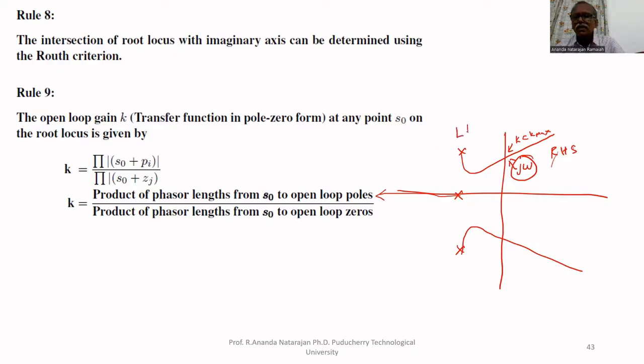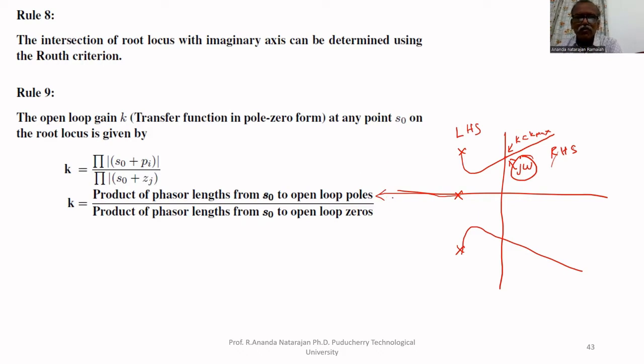Till then, it was in the left hand side. So when K equals K max, the system transfers from stable state to unstable state, that is, the marginally stable state. We can find that omega by using Routh criterion.